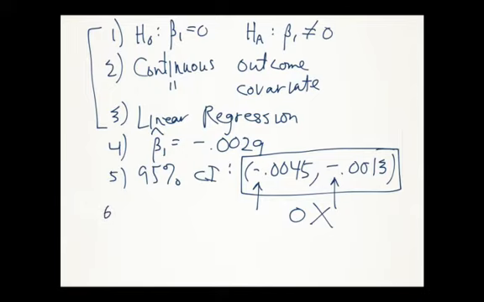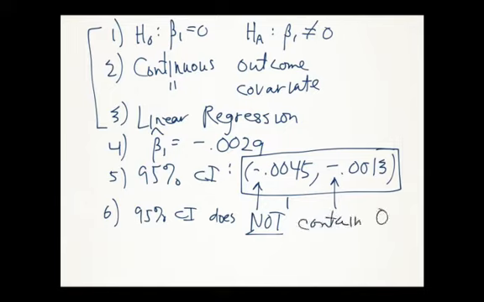And so since the 95% confidence interval does not contain 0, we reject the null.